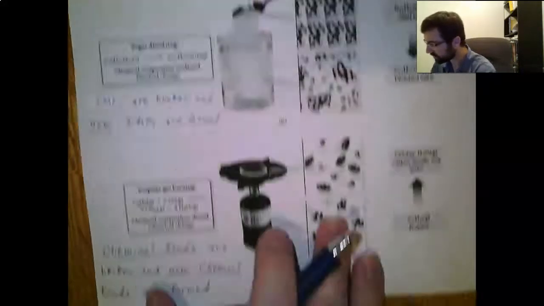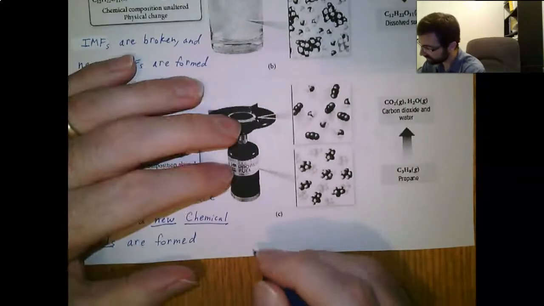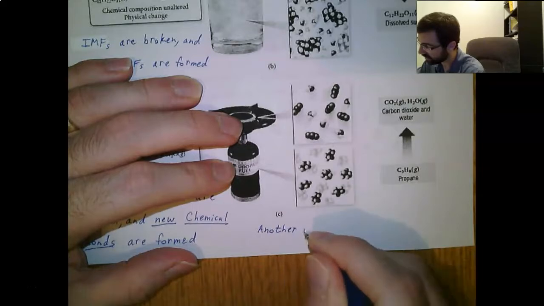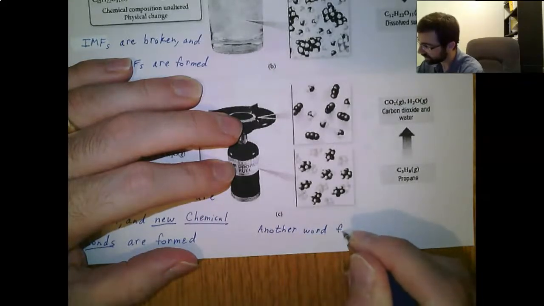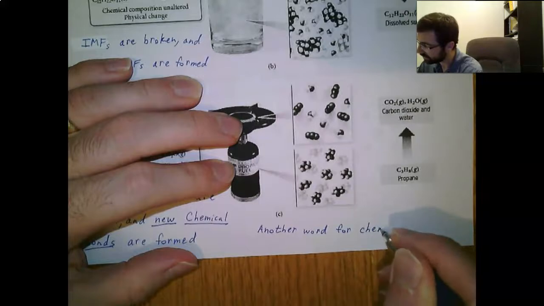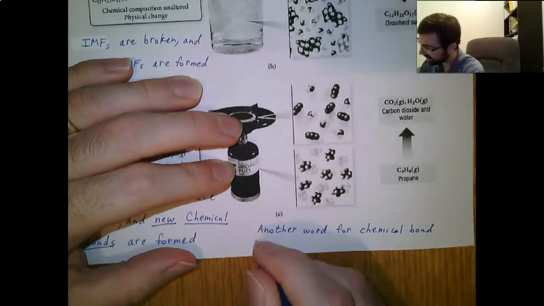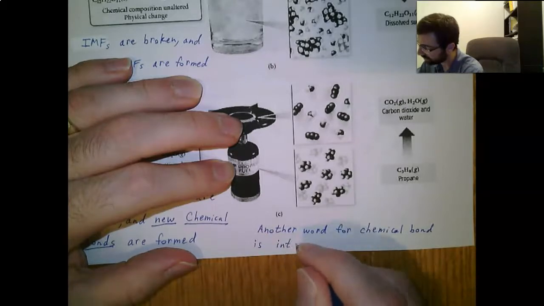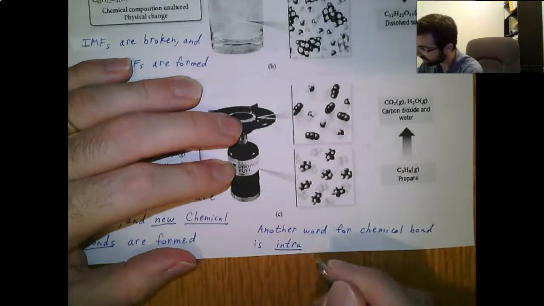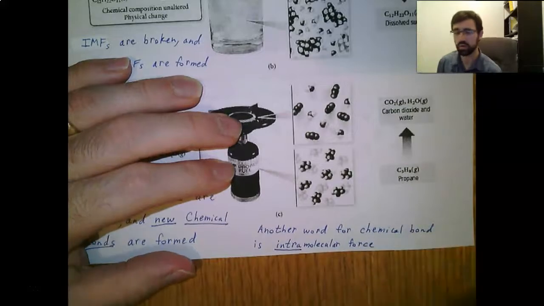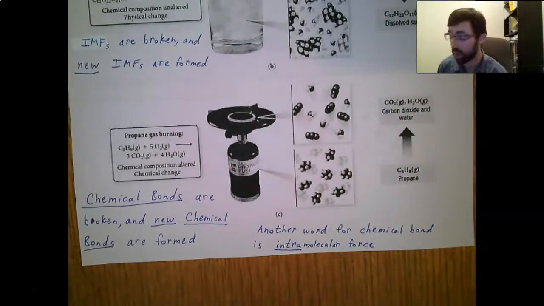And by the way, let's just write this over here. I think you know this already, but let's remind ourselves. Another word for chemical bond is intramolecular forces. We don't really use that a whole lot. We usually just use the word chemical bond because it's a little easier to distinguish.